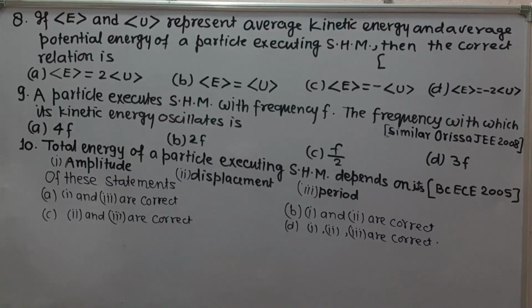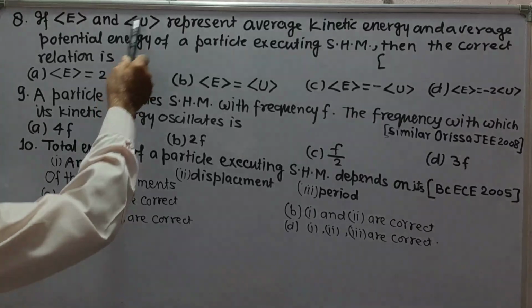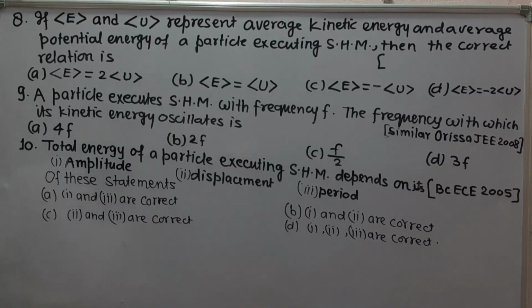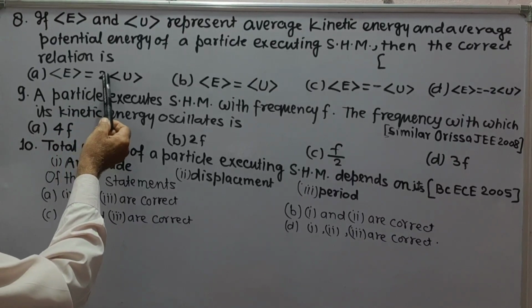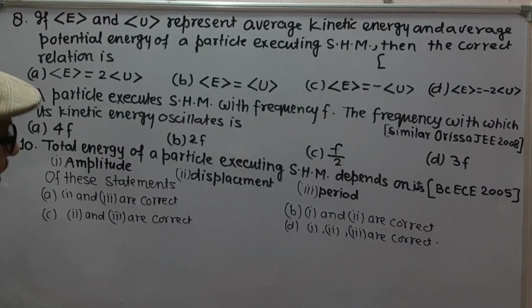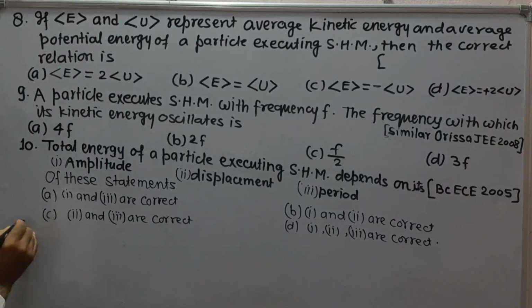Next question number 8. The question is, if average E and average U represent average kinetic energy and average potential energy of a particle executing simple harmonic motion, then the correct relation is: average E is equal to 2 average U, average E is equal to average U, average E is equal to minus average U, average E is equal to plus 2 average U. Solution to question 8.